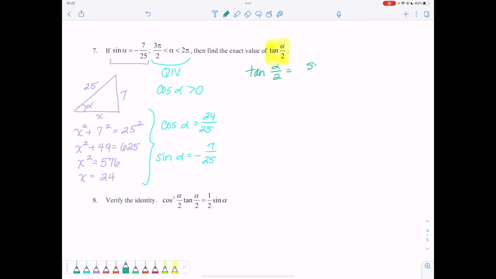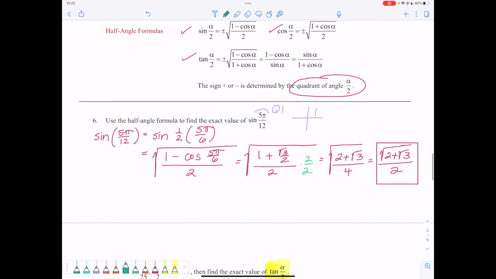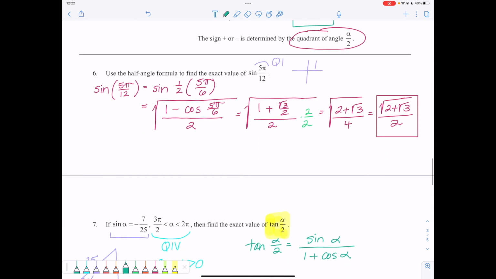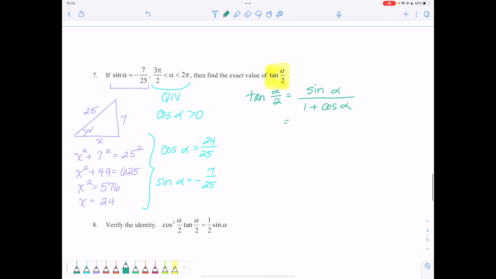And that's equal to the sine of alpha divided by 1 plus the cosine of alpha. Okay, and we have that equal to negative 7 over 25 divided by 1 plus 24 divided by 25.